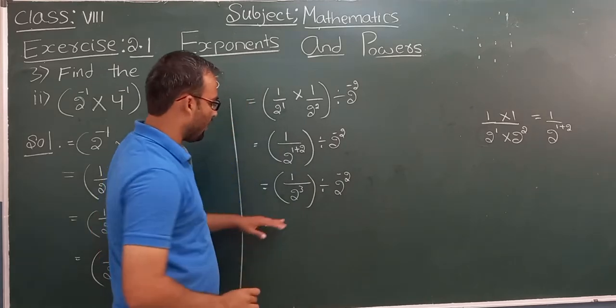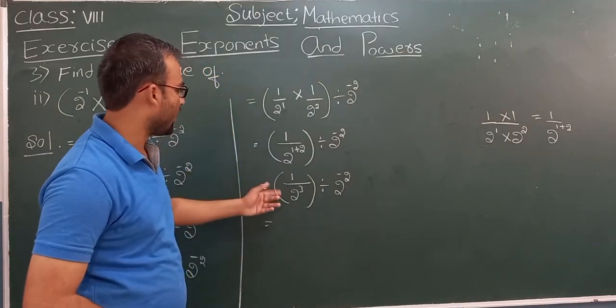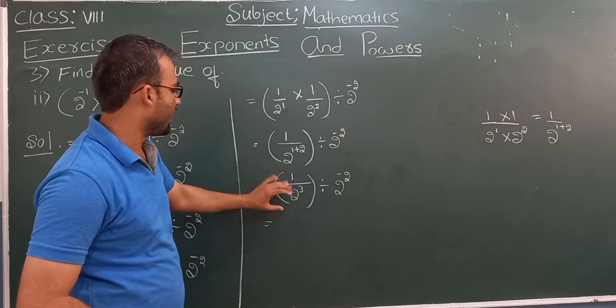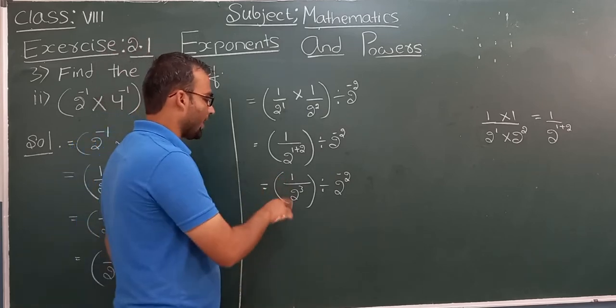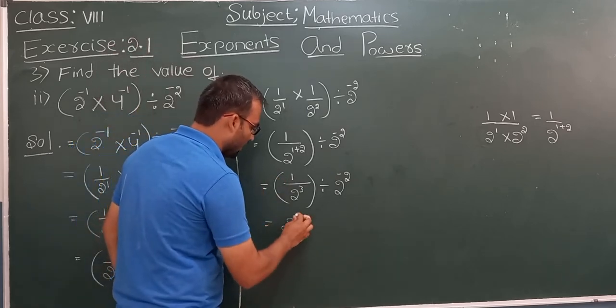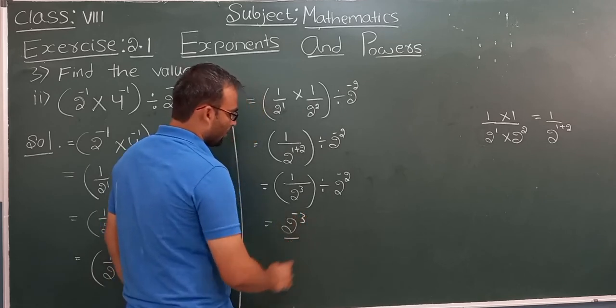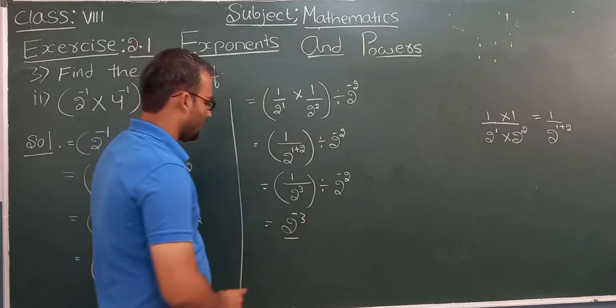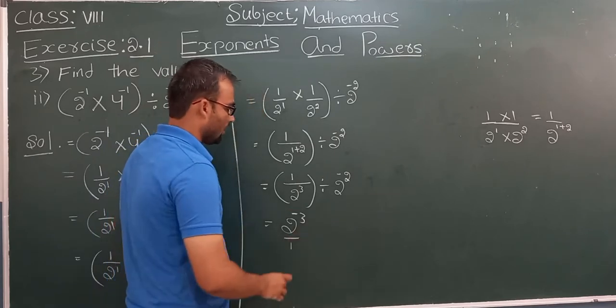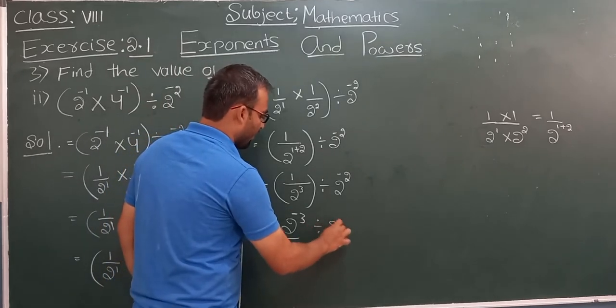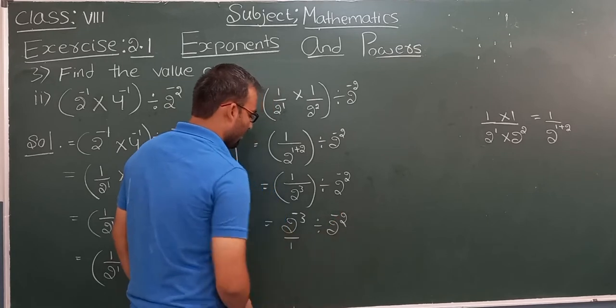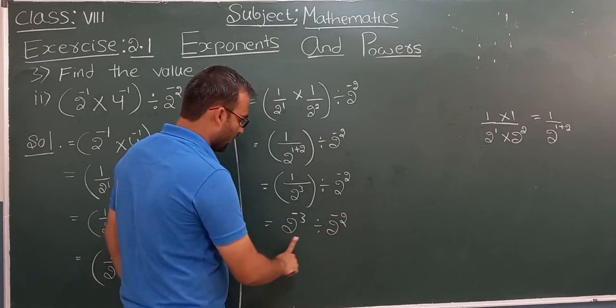Now when we reciprocal the base, what are we getting? We are getting the negative exponent, that is 2 to the power minus 3, by 1, now divided by 2 to the power minus 2. You can write this one as it is or you can erase it.